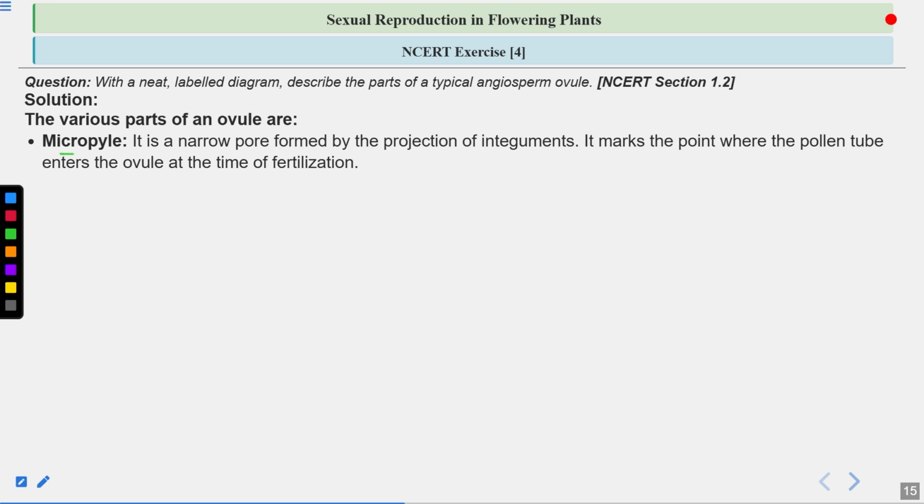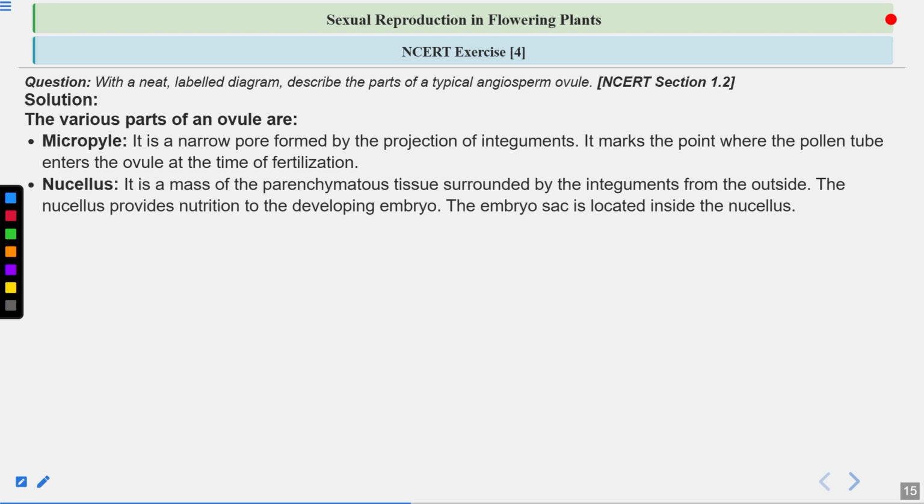It marks the point where the pollen tube enters the ovule at the time of fertilization. This pore is very important, because through this pore only, the pollen tube which emerges from the pollen grain enters inside the ovule. And because of this, the fertilization process occurs. So this is very important.